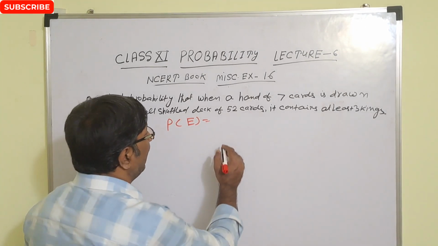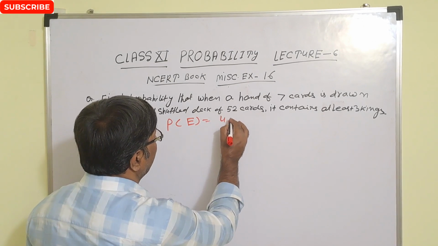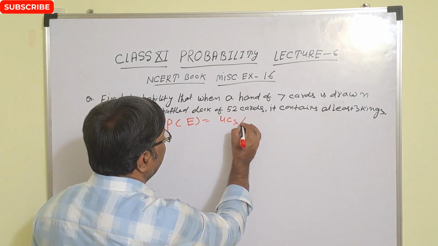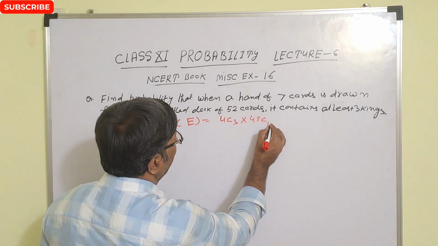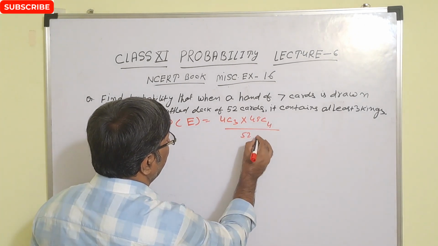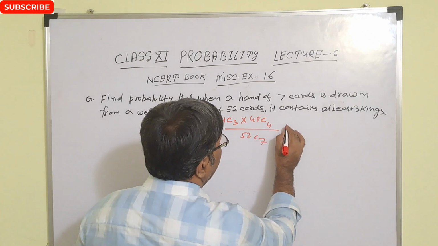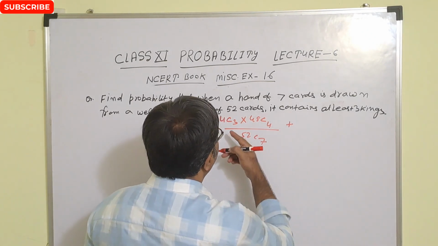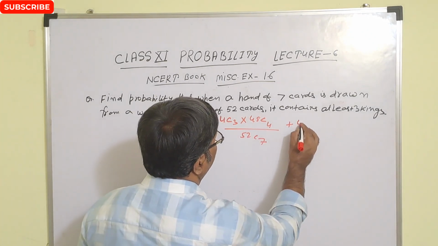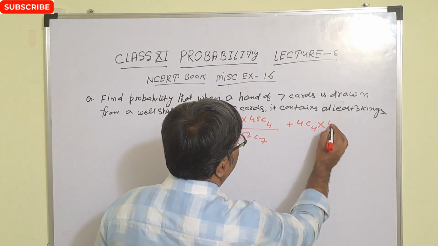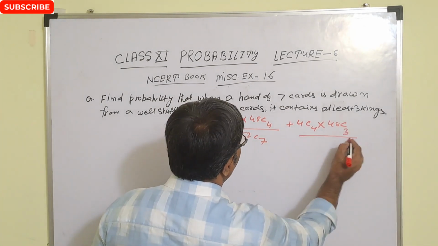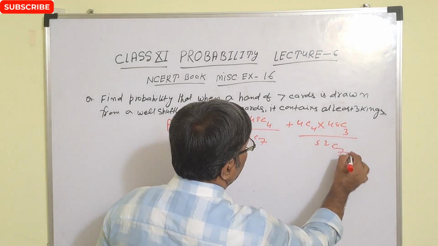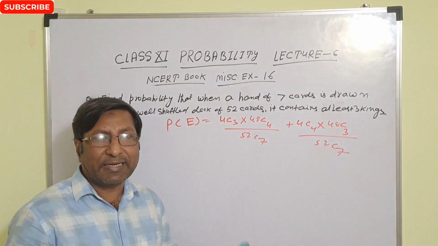So there are a total of 4 kings: 4C3 multiplied by 48C4, divided by 52C7. Or if there are 4 kings, then 4C4 into 48C3, divided by 52C7. This is the correct answer.